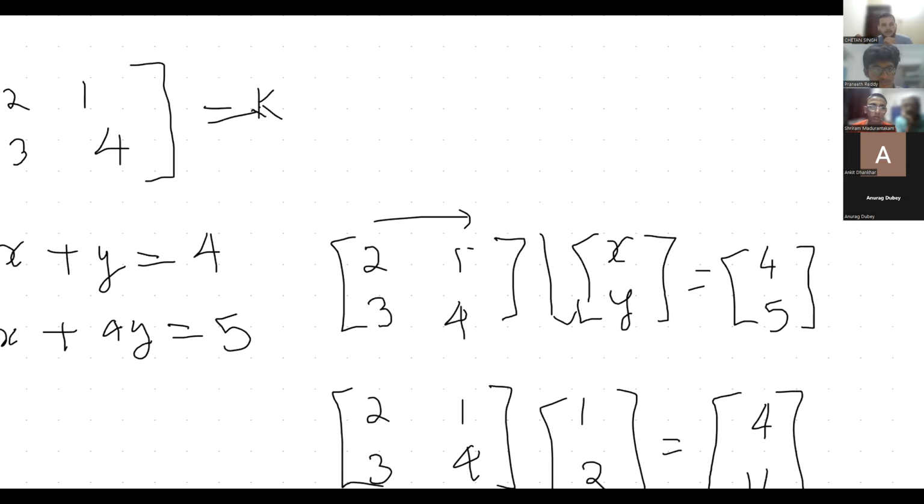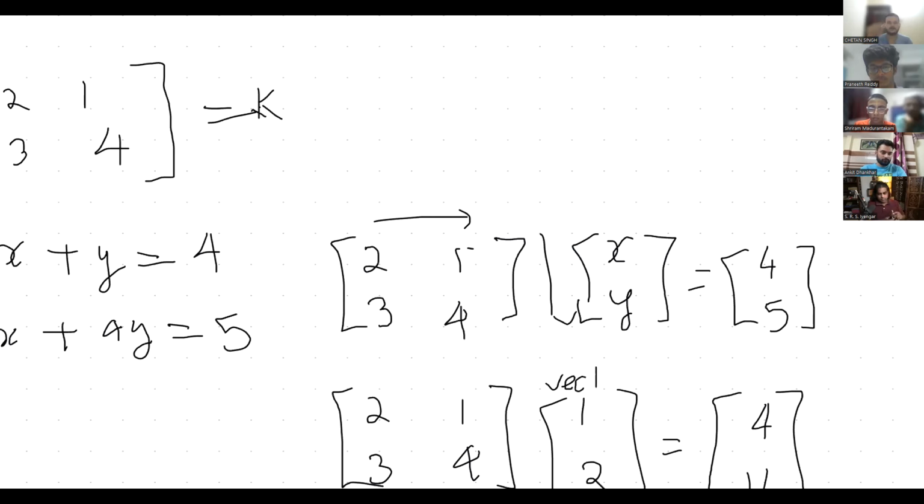Now that you've understood the basic definition of a function, we'll come to this matrix. So we represented two equations as a matrix. We gave it an input of a vector, and in return it did something. I don't know what it did, but it did something, right? Yes. So it did something, and it gave me another vector in return.